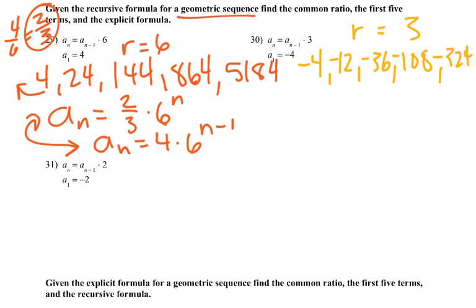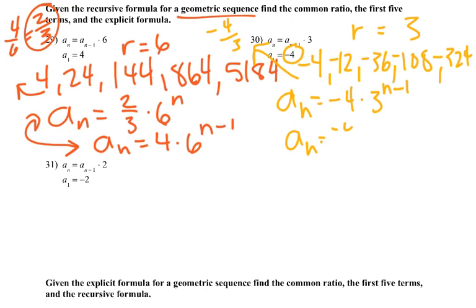Now to do our formula, I can do a sub n equals the first term, not the 0 term, negative 4 times 3, but then I take it back to the 0 term in my n minus 1. Or I could have physically gone back. I want negative 4 divided by 3. I want a sub n equals negative 4/3 times 3 to the n. I accept either one.